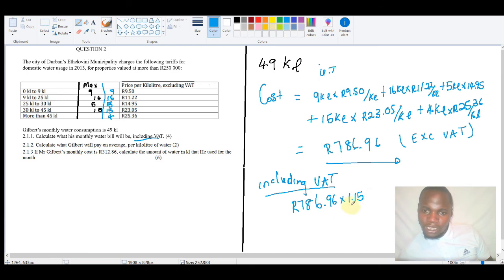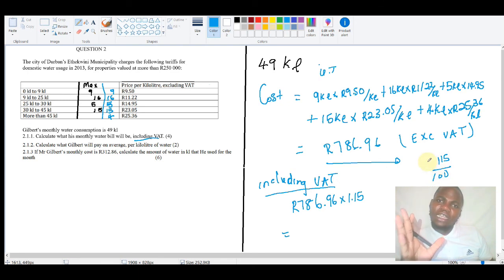1.15, right? So you include VAT. There are many methods of calculating your VAT inclusive price. Where is this 1.15 coming from? It's 115 over 100. That means the original price excluding VAT is 100% plus 15%, so you get 115 over your original price.